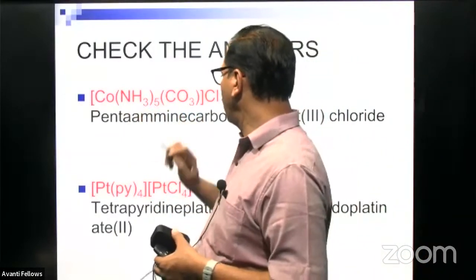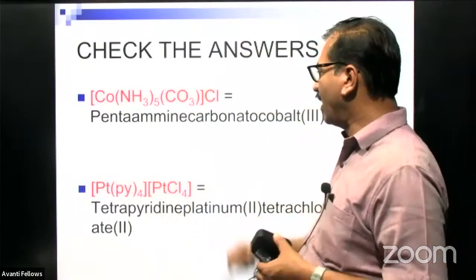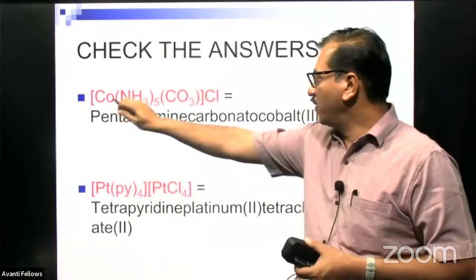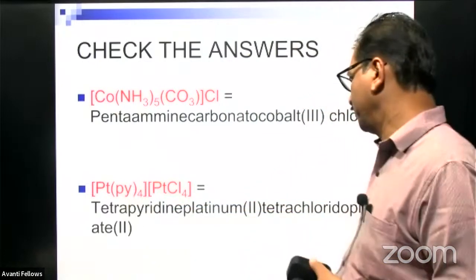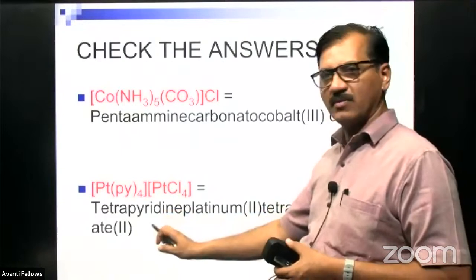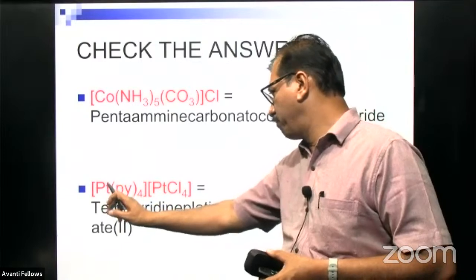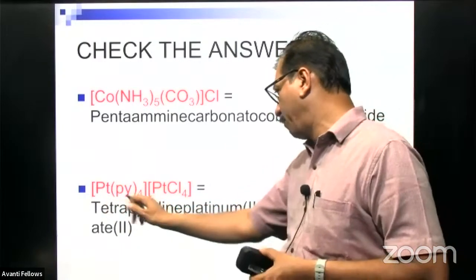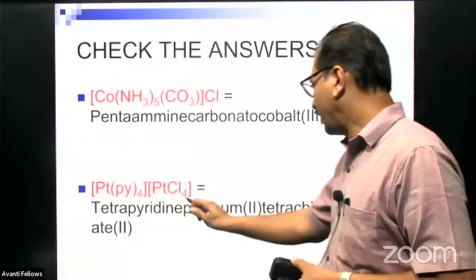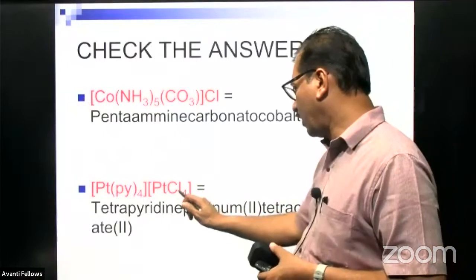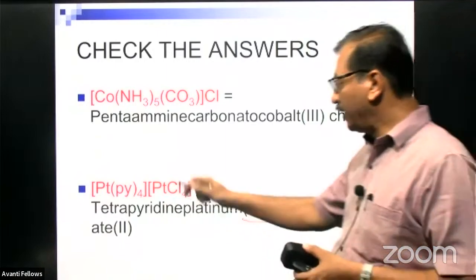Pentaamine carbonato, CO3 2-, the carbonate ion, the anion should be carbonato. Cobalt 3 chloride. What is this PY? PY is pyridine. So this is tetrapyridine platinum 2, tetrachlorido platinate 2.